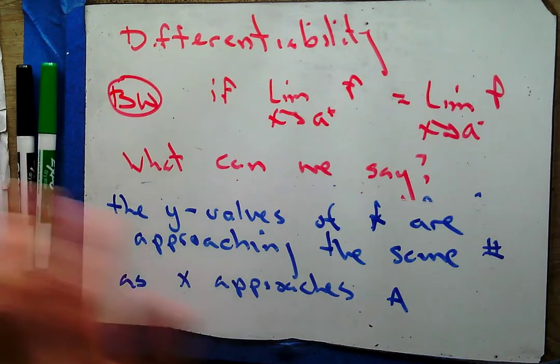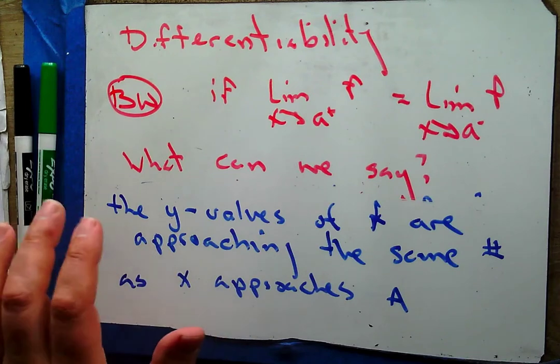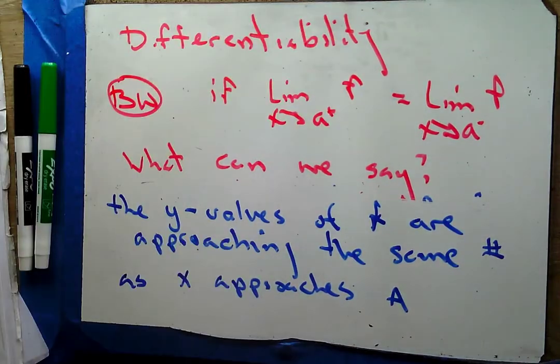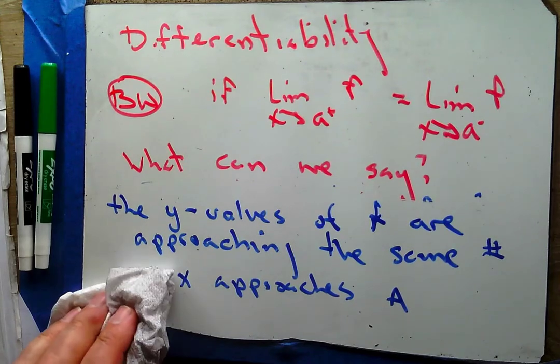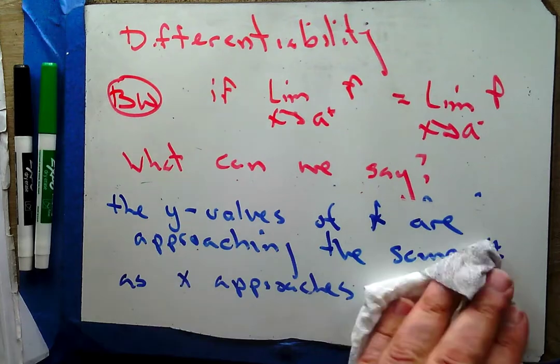Okay, so the limits from both sides exist. We know that the limit at the point exists, and we know that that limit at the point is equal to the limit of these two one-sided limits.